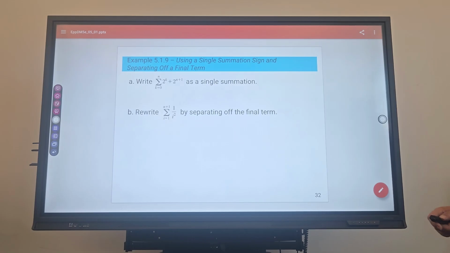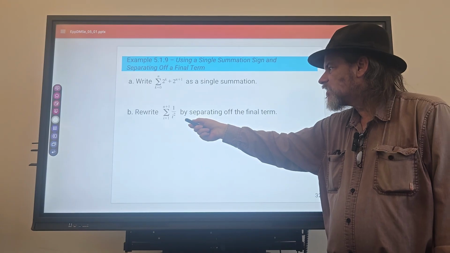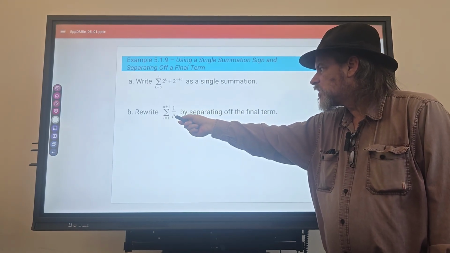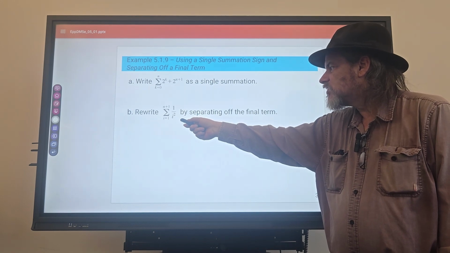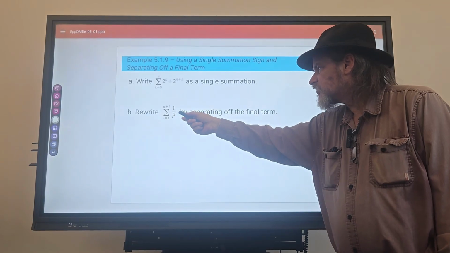Here, you can take off a term by saying the summation of 1 over i squared from 1 to n plus 1.